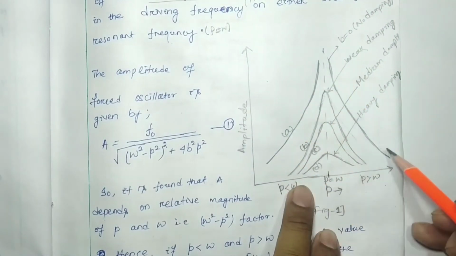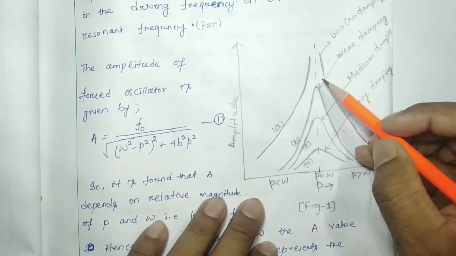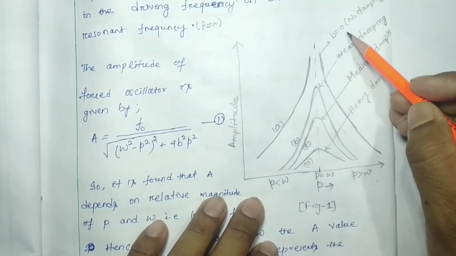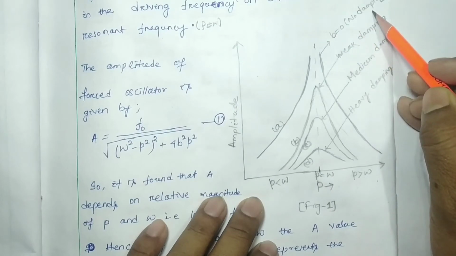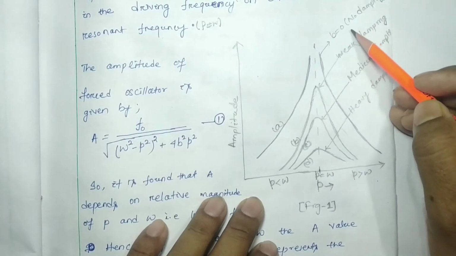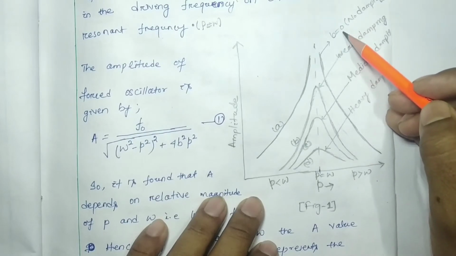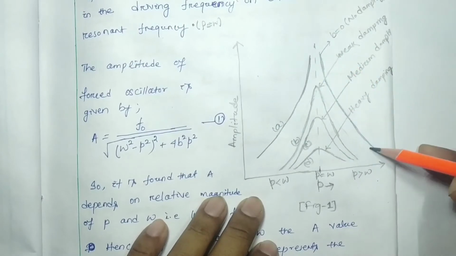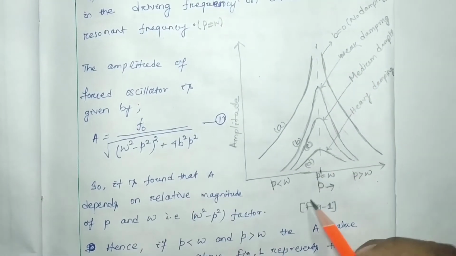So this curve A represents the variation of amplitude at b equal to 0, that means no damping, there is no resistance, which is practically impossible, but ideally for b equal to 0, that means no damping, this is the variation on either side of the resonant frequency.